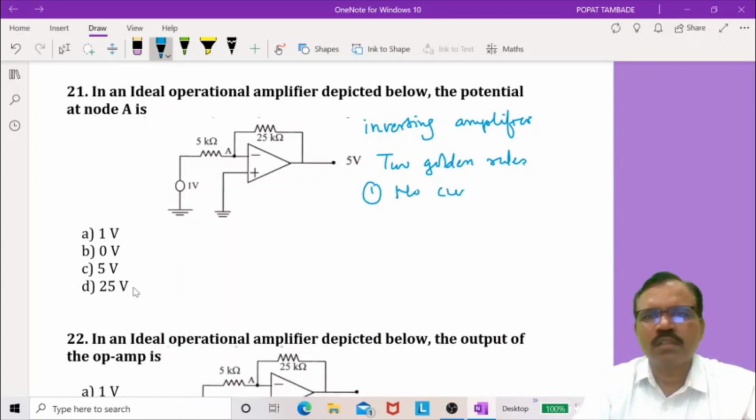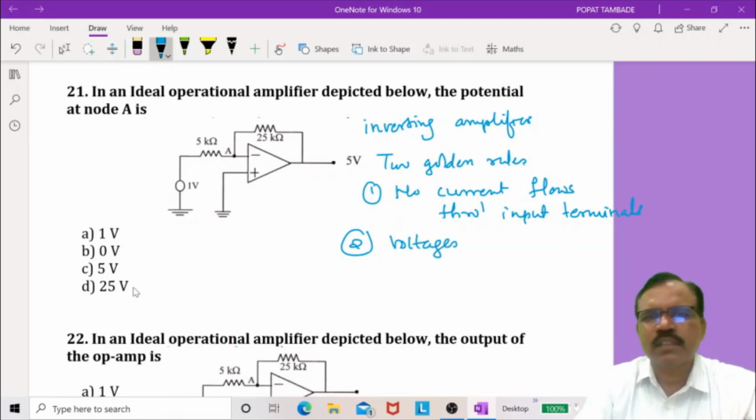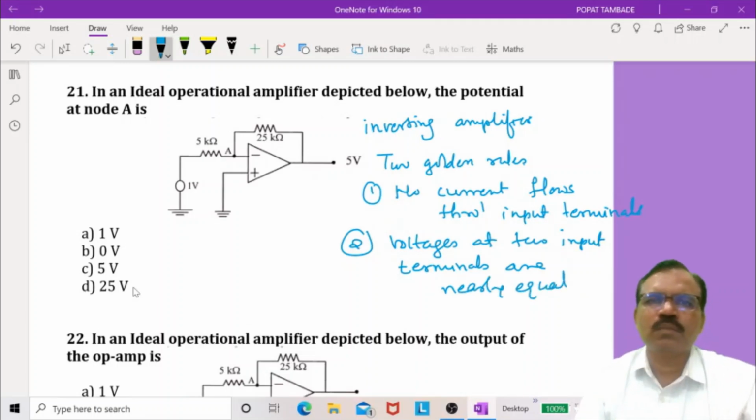No current flows through the input terminals, and the second one is that voltages at the two input terminals are nearly equal. These are the two golden rules for negative feedback.